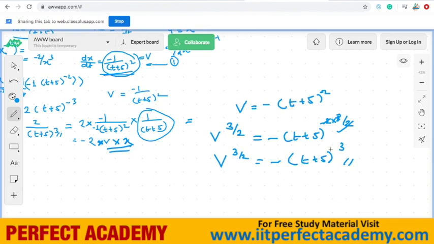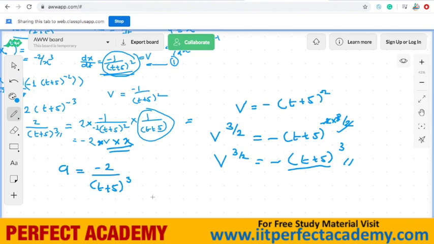Now what I got here is acceleration is equal to -2 divided by t plus 5 to the power 3. Now I know this t plus 5 to the power 3, with the minus sign, is nothing but v to the power 3 by 2.